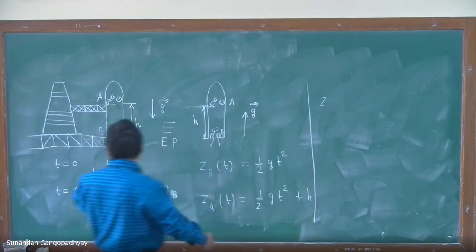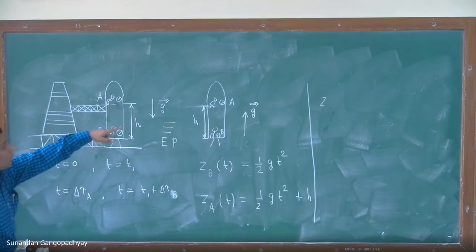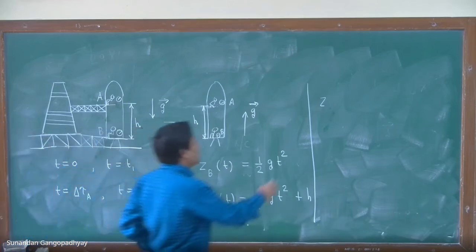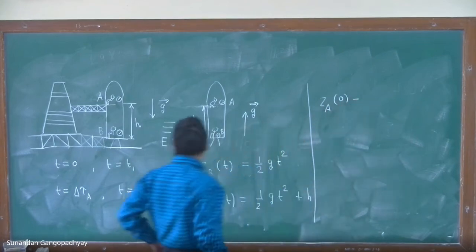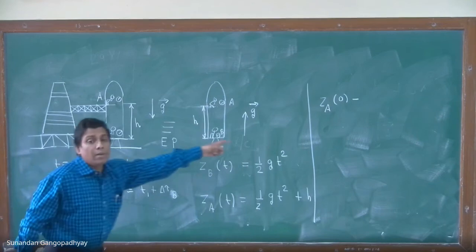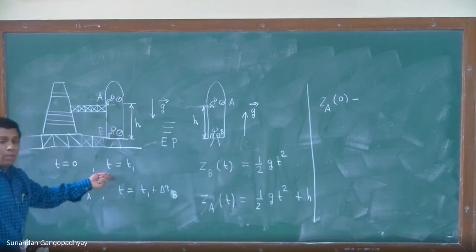So let me just remind you, at time t is equal to 0, Alice has sent the first pulse. So the distance traveled by the first pulse will be z0, and Bob is receiving the first pulse at time t is equal to t1.